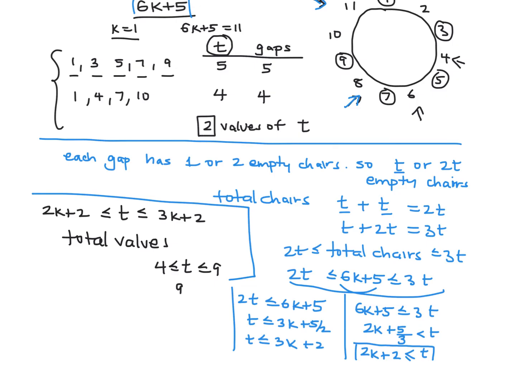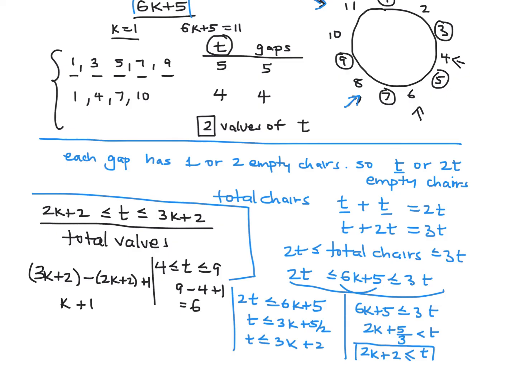To get the count, you just go 9 minus 4 plus 1, which in this case would be 6, right? So you apply the same process here: 3k plus 2 minus (2k plus 2) plus 1. And when you do that algebra, you get k plus 1. So there's k plus 1 possible values of t. And that completes part B.